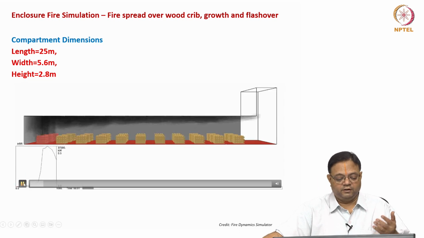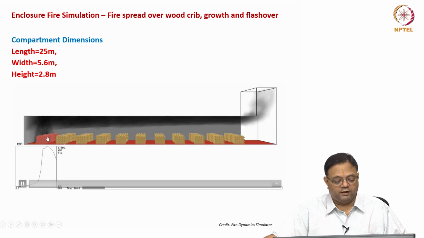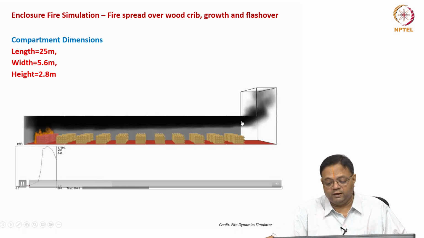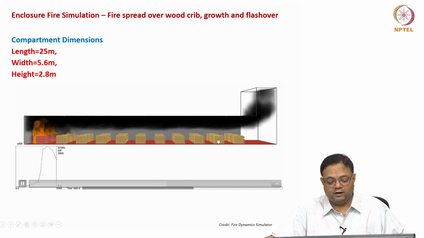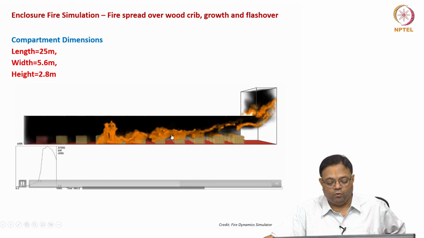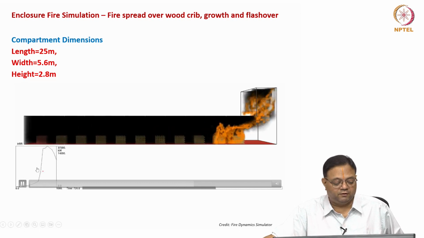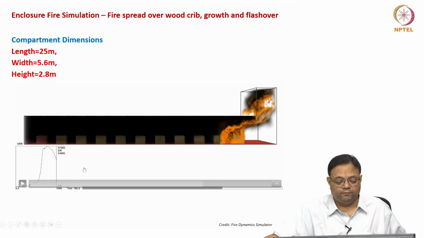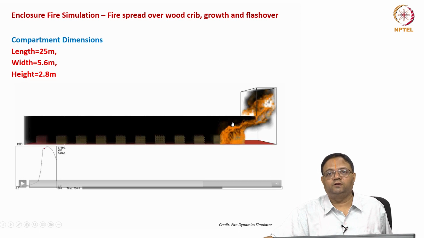Okay, so you can see the video one more time. All the cribs are ignited, then these first 3 sets are now fully ignited and the steady flame forms, and the smoke layer as a ceiling jet goes out and descends, becomes hotter and hotter due to the strong plume, and this hot smoke layer pyrolyzes these cribs, and you can see the pyrolysis vapor coming out, and now the flame spreads as a premixed flame over this entire region, but these intermediate cribs are not fully burnt because no oxygen has come in now.